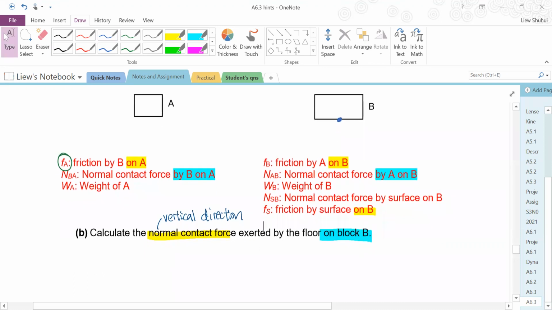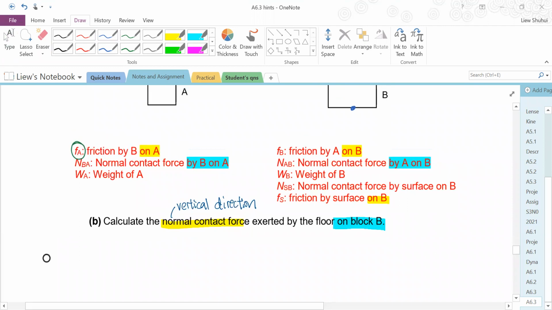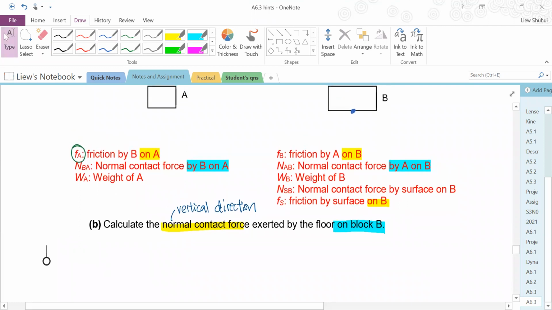All right, part B. Calculate the normal contact force exerted by the floor on block B. Now, since normal contact force is in the vertical direction, what you can do is to consider the net force in the vertical direction.